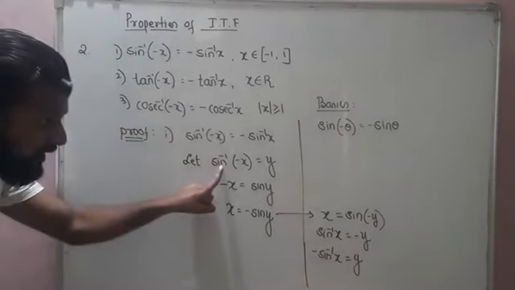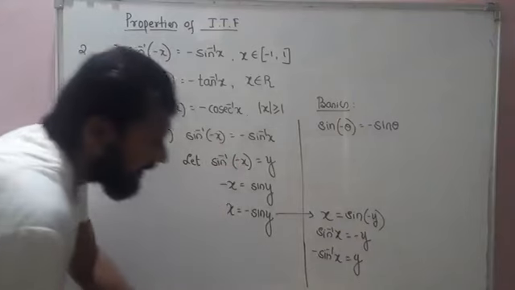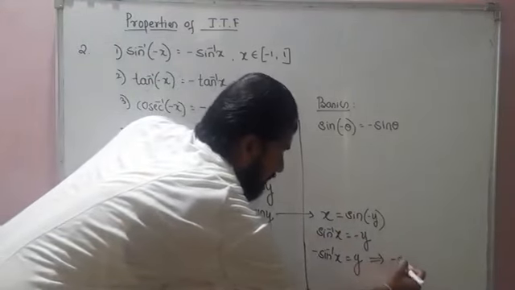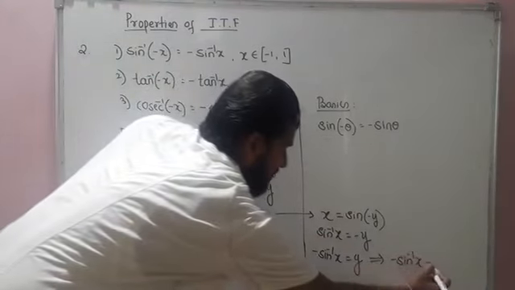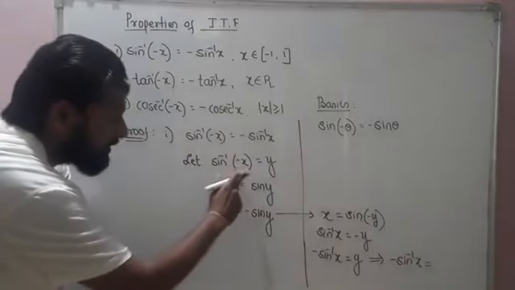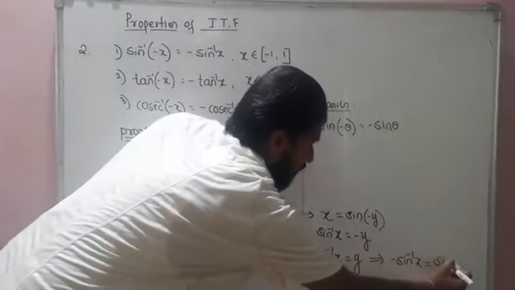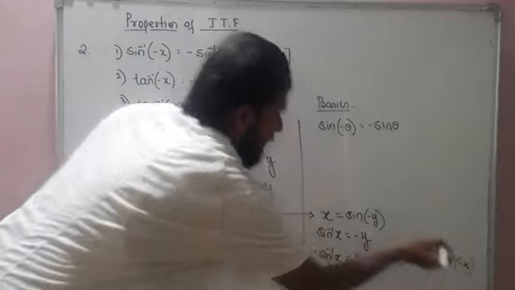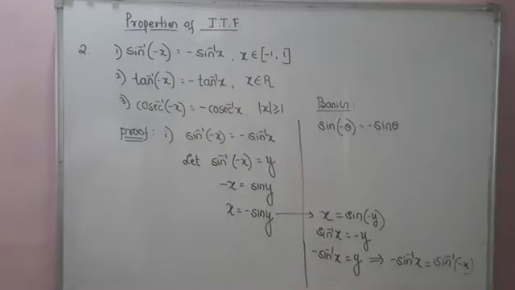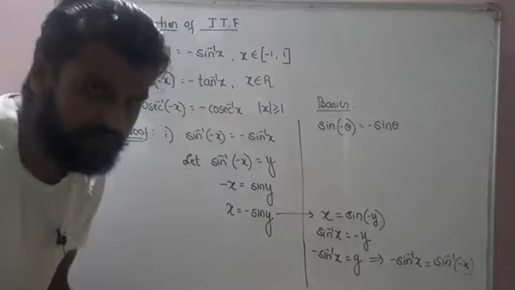We have taken y as sine inverse of minus x. So minus sine inverse x is equal to y, means sine inverse of minus x, and hence that's our proof.